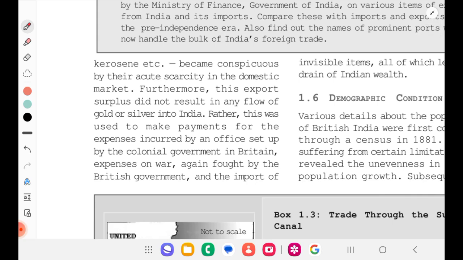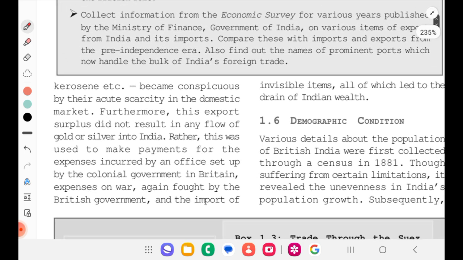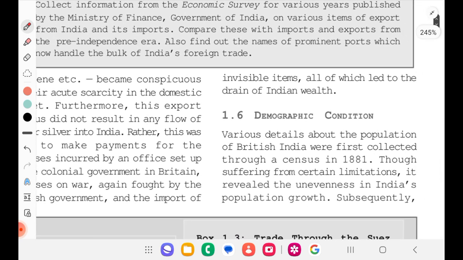Furthermore, this export surplus did not result in any flow of gold or silver into India. Rather, it was used to make payment for the expenses incurred by the office set up by the colonial government in Britain, expenses on wars fought by the British government, and import of invisible items, all of which led to the drain of Indian wealth.